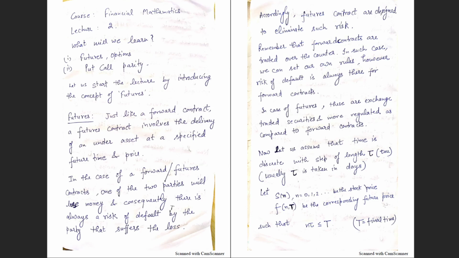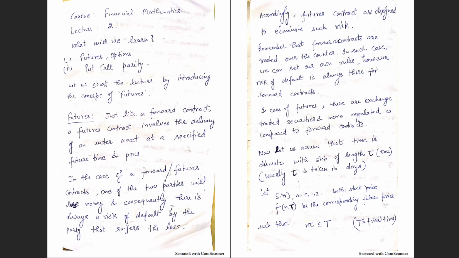Now the price of a futures contract I'll denote by small f. Recall that the price of a forward contract we have denoted by capital F, but the price of futures we will denote by small f.